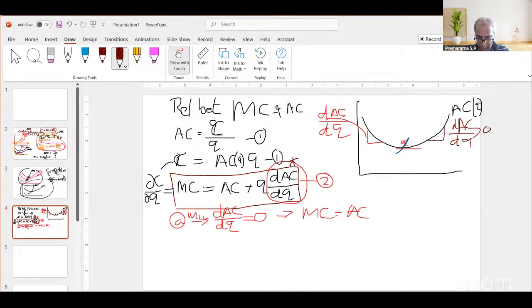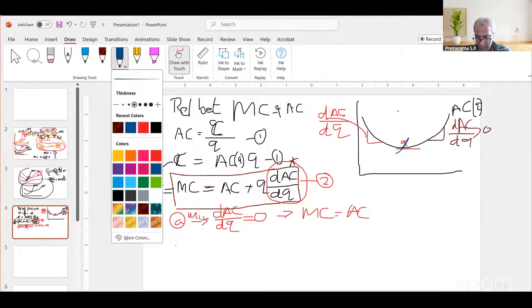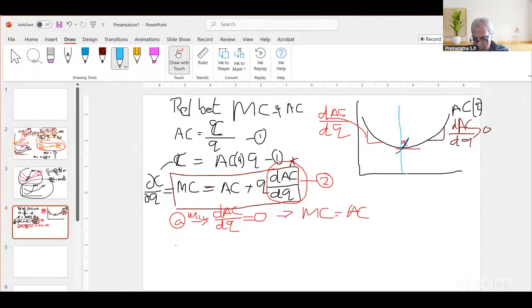To satisfy this equation, when the average cost curve is on the positive side, DAC over DQ, that is the slope of the average cost, is positive, then the marginal cost must be greater than average cost.